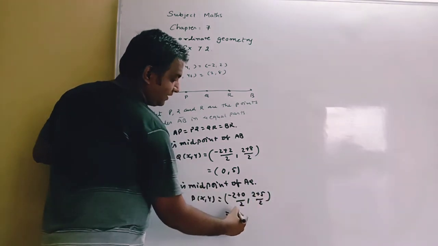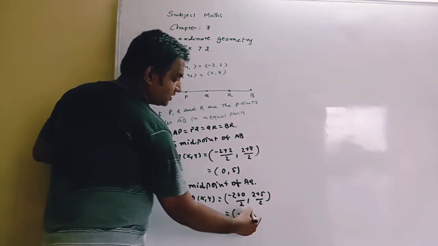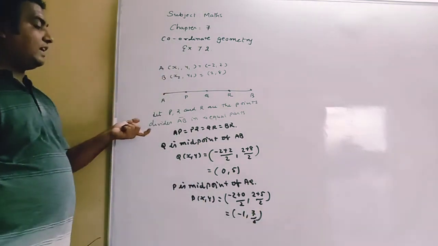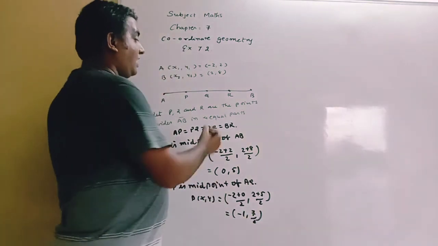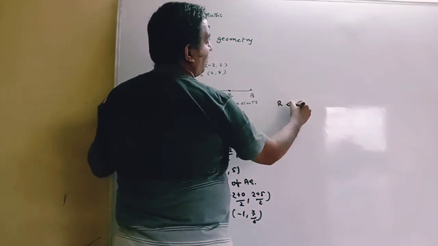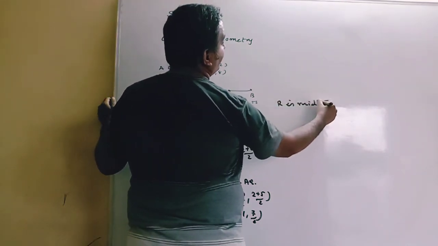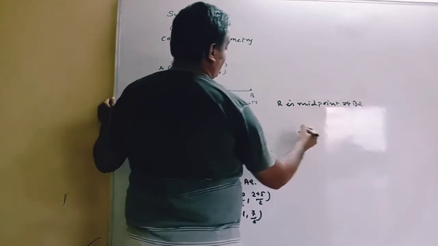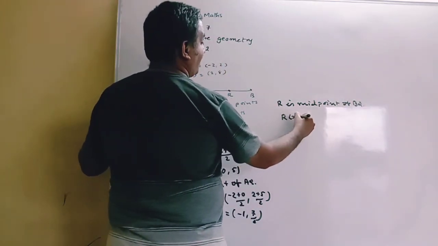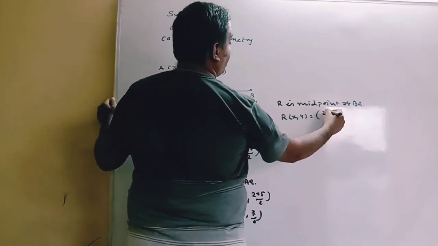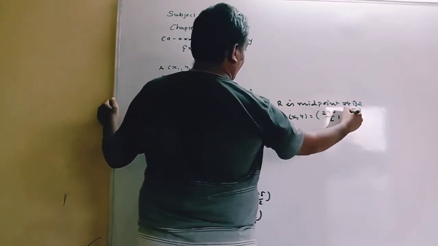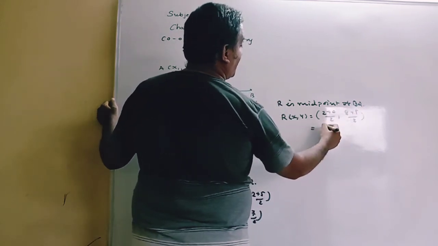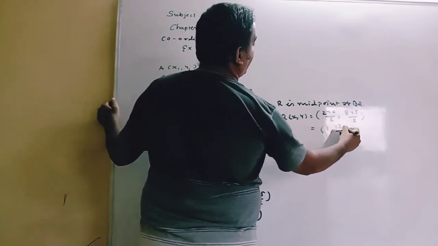So we get minus 2/2, which is minus 1, and 7/2. Similarly, we can get R as the midpoint of QB. So R(x, y) we can get (2 plus 0)/2 and (8 plus 5)/2. So it is 2/2, which is 1, and 13/2.